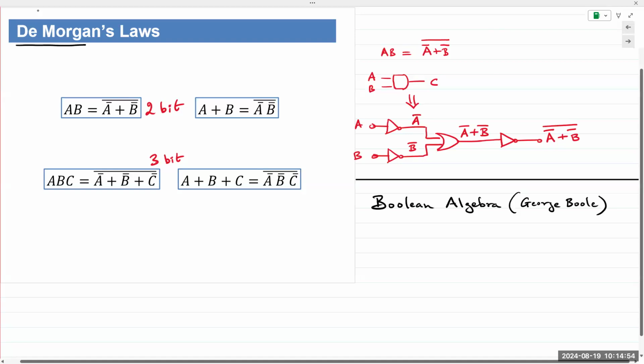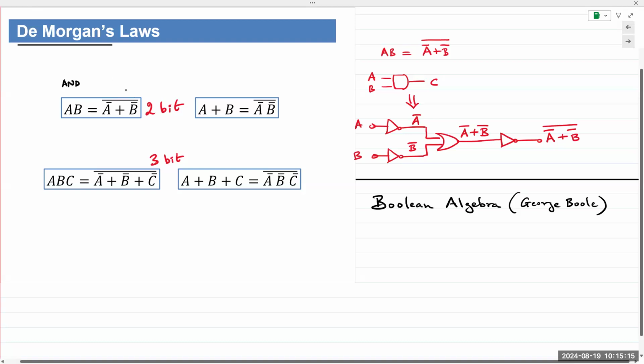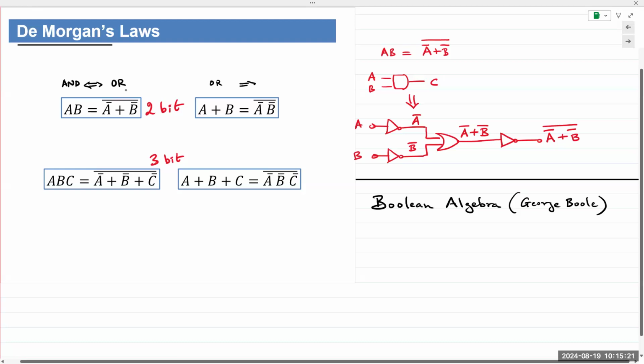So De Morgan's laws, and this is again a recap of last class, are basically 2 laws that we can apply to resolve circuits and to simplify them, where you can convert an AND function to OR and vice versa, or you can take an OR function and convert it to an AND function.